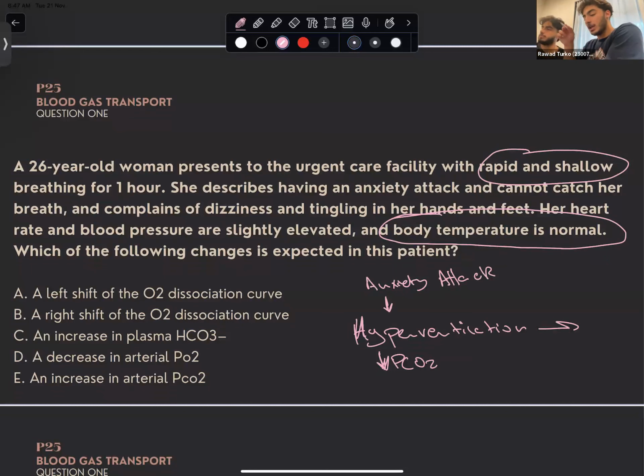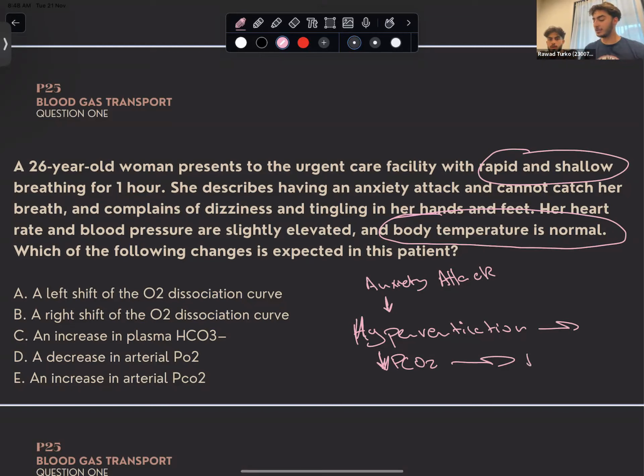So hyperventilation, low PCO2, and when you're decreasing PCO2, what's another factor that is dependent on PCO2? pH, right? Because you remember, alkalosis, exactly, perfectly. So PCO2 decreases, pH increases, right?